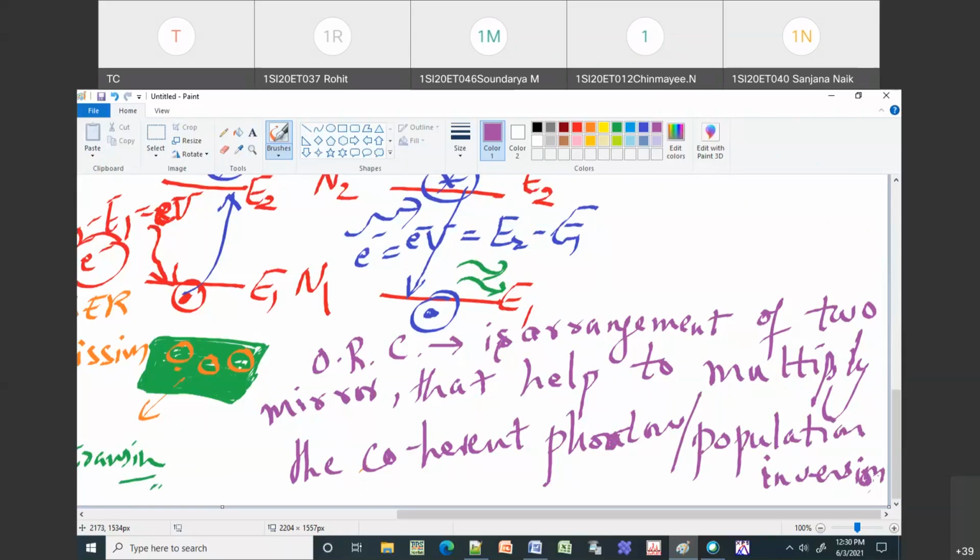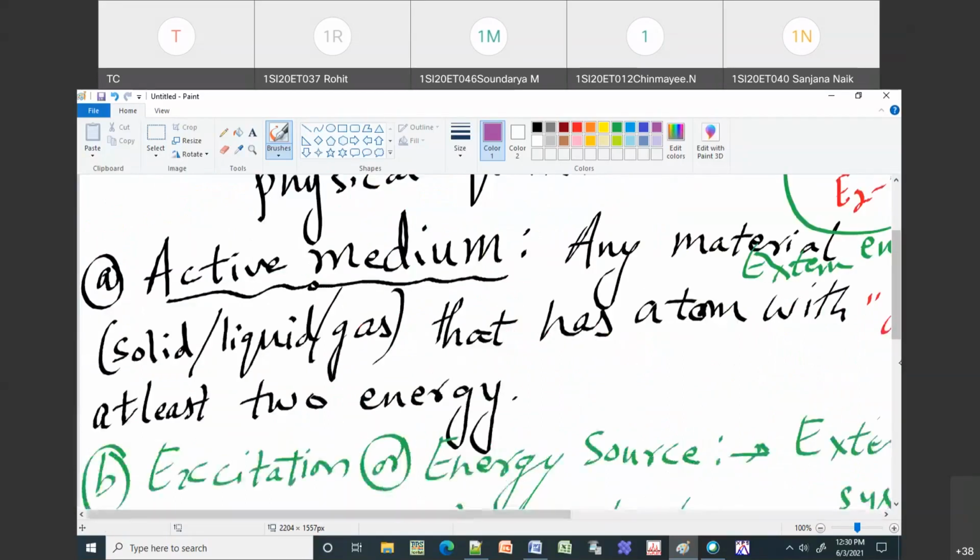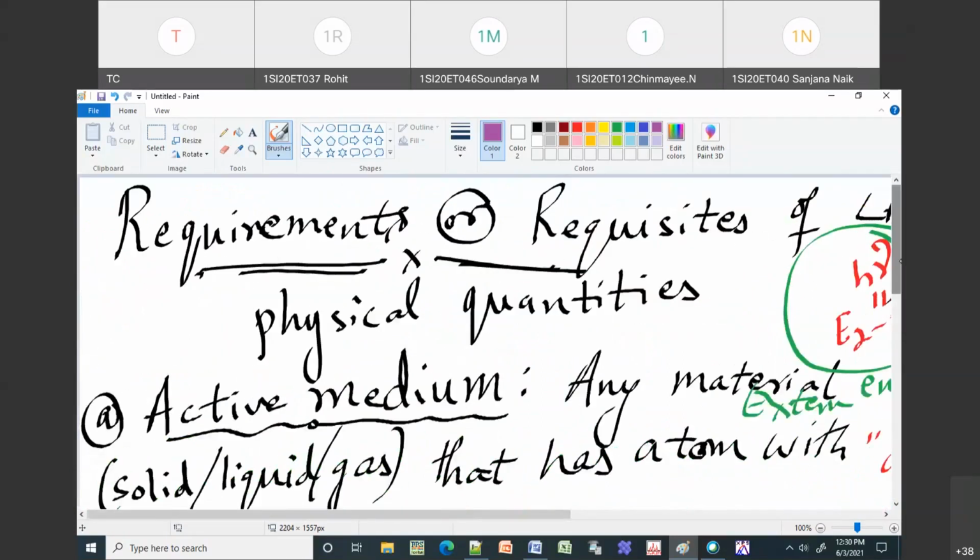So did you understand? So now if I want to build a laser system, then what happens? I need some physical quantities. Physical quantity means some physical items or some materials. So the first material is your active medium. What is this active medium? It can be any material.